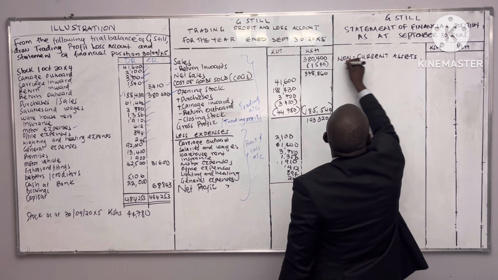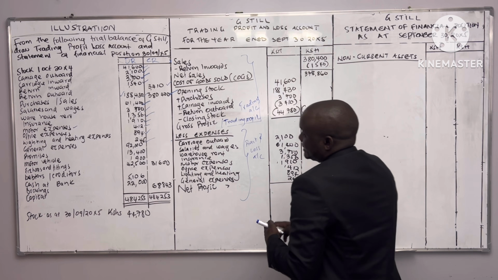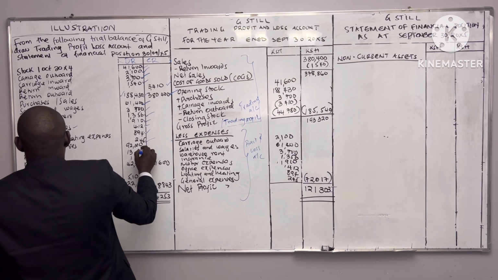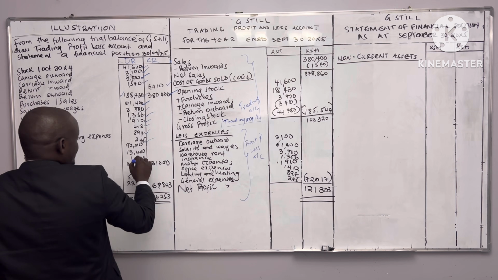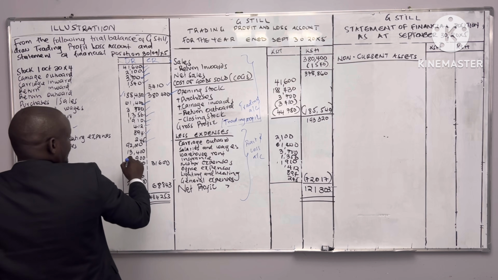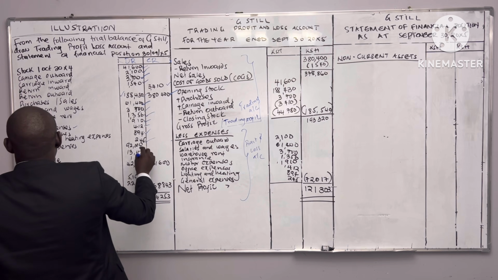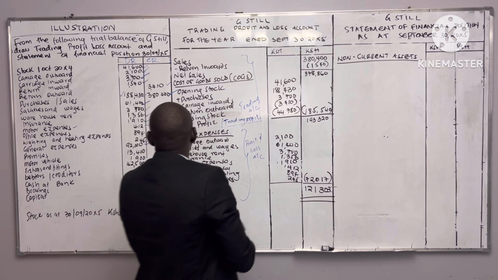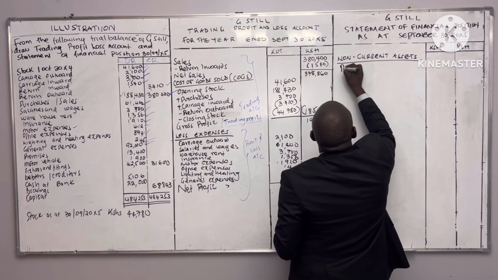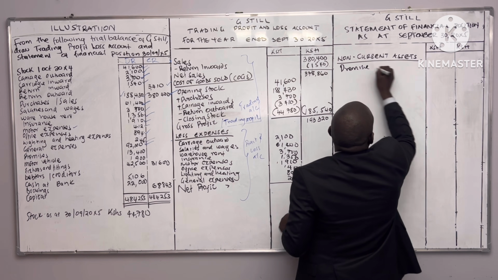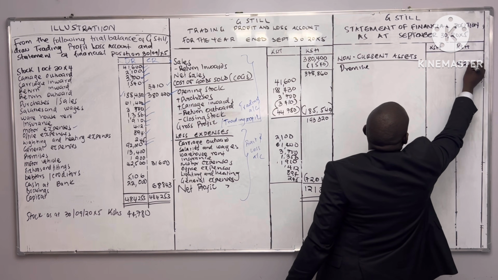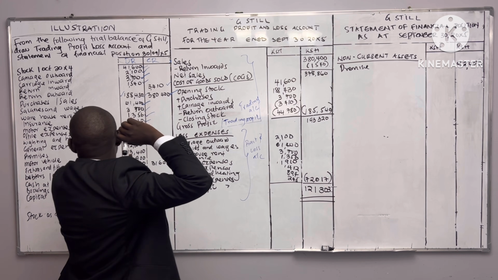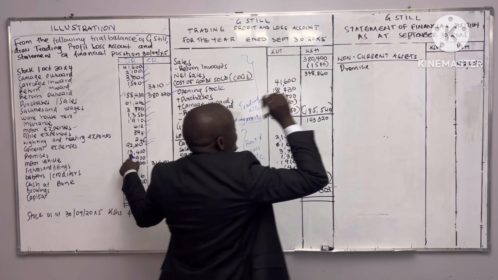Non-current assets we have here: the premises, 92,000. We post on this column. We also have motor vehicle, 13,400.